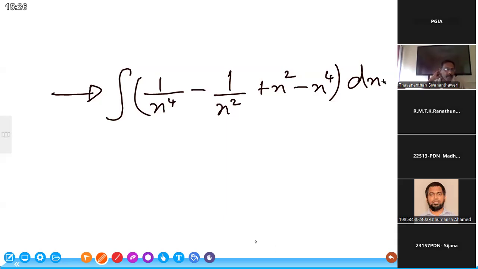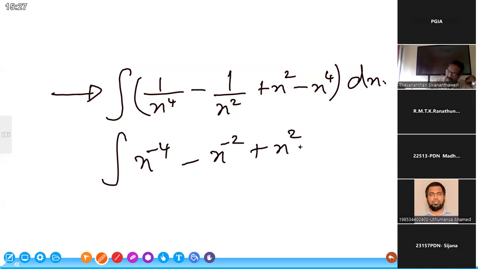Yes, you can write this as x to the power minus 4 minus x to the power minus 2 plus x to the power 2 minus x to the power 4. That is the first step that you need to do.